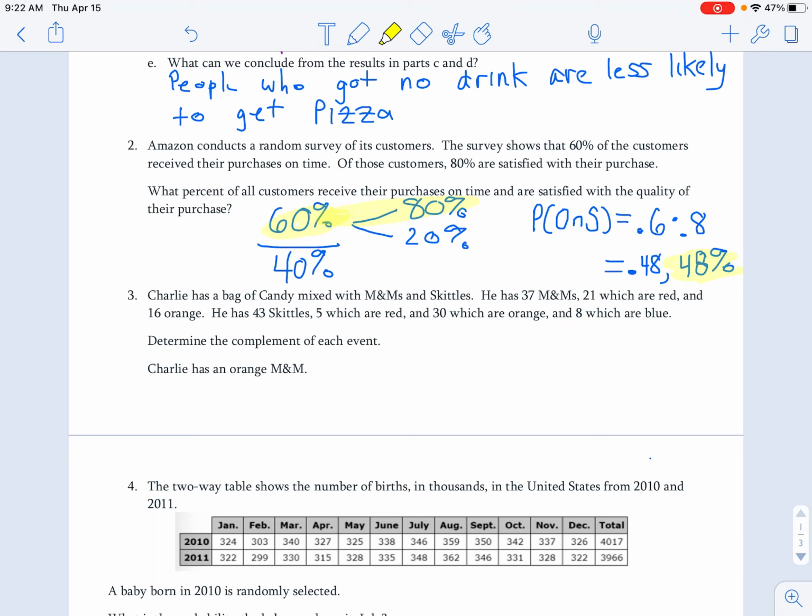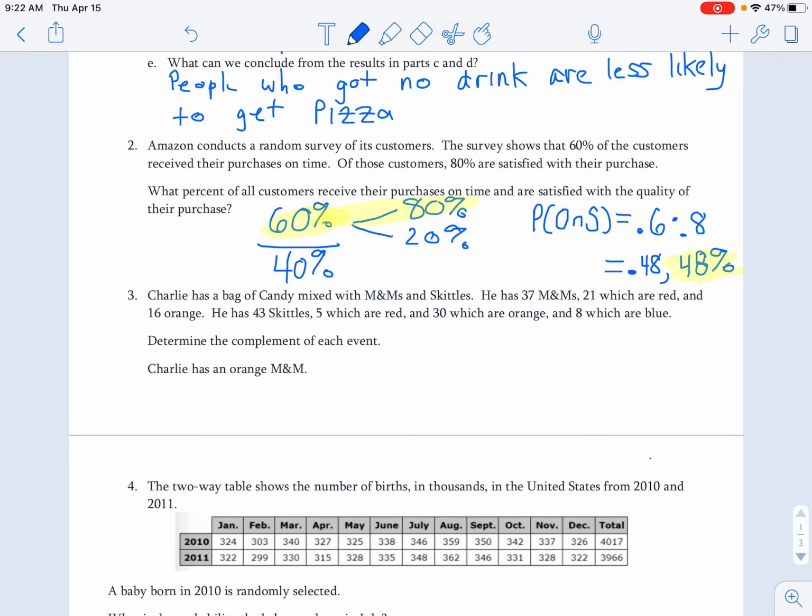Charlie has a bag of candy mixed with M&Ms and Skittles. He has 37 M&Ms, 21 of which are red and 16 orange. He has 43 Skittles, 5 are red, 30 are orange, and 8 are blue. Determine the complement of each event. Charlie has an orange M&M.